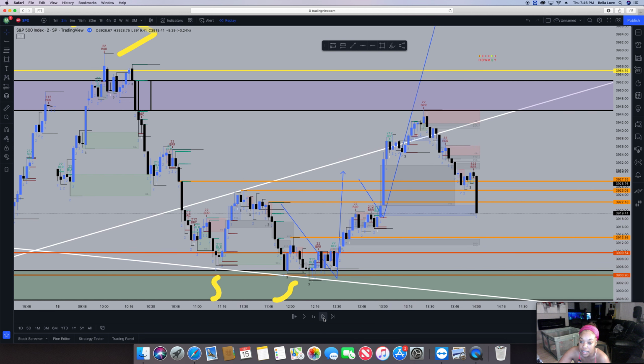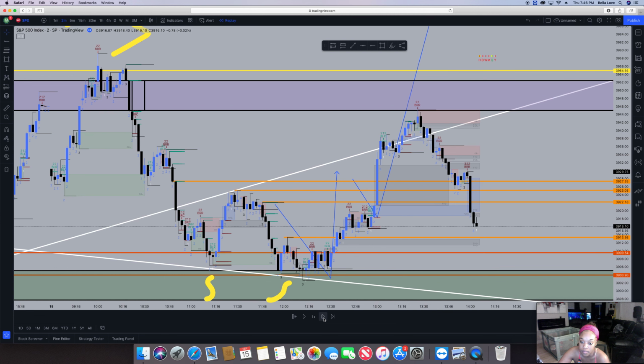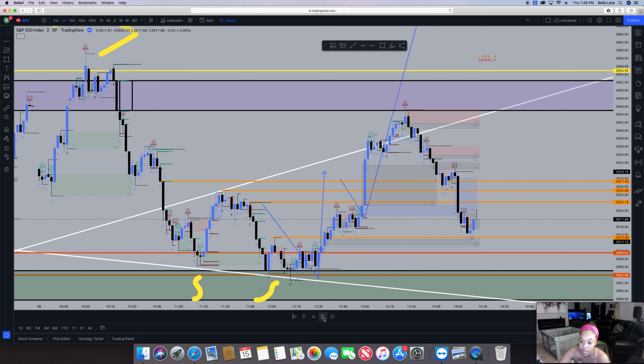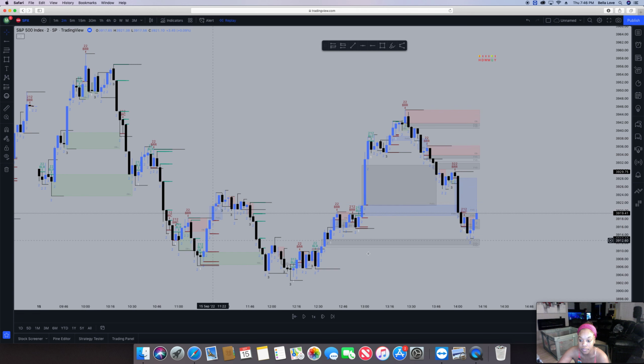I want you guys to see how it respected the broadening formation. You guys are going to see here, it's going to go back up into this fair value gap.